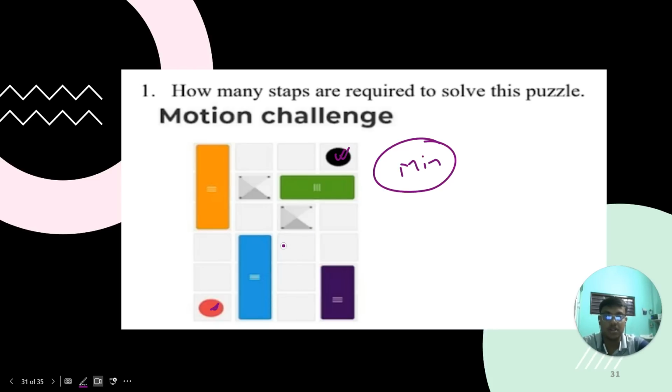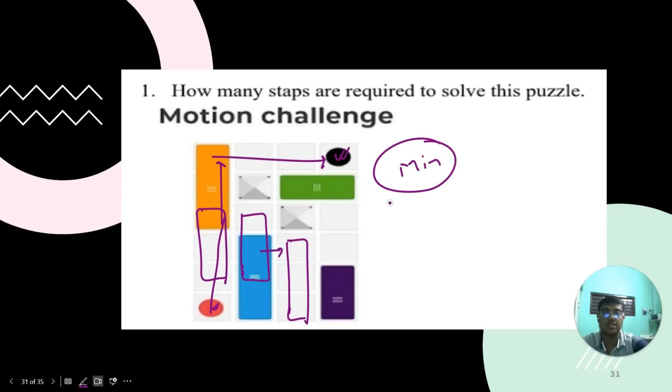So for this particular question, you need to move this box on the right side first. So the box would be placed here. Then this box moves from the top to this position and then from this position to here. After this, the ball has a clear path to move from here to here and then from here to the destination.